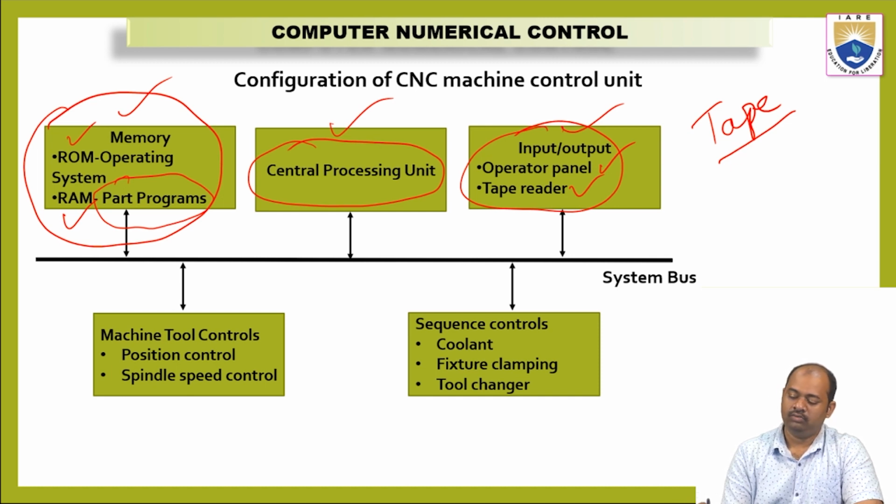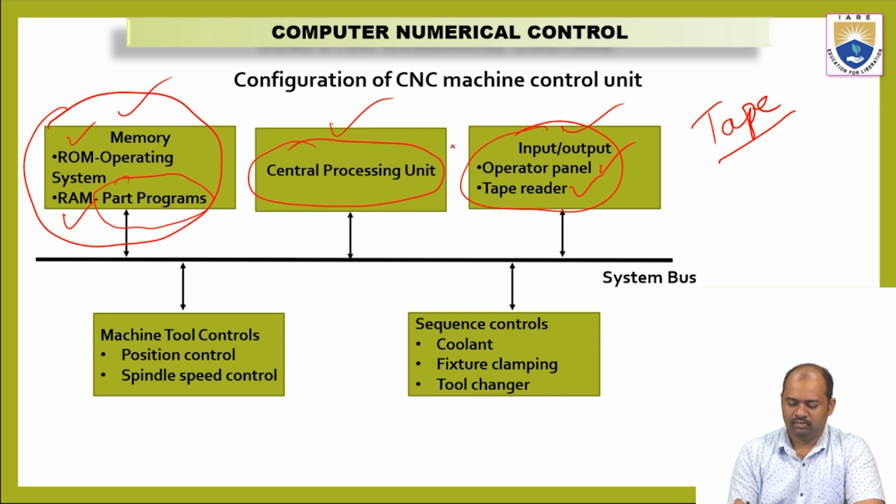Tape reader is also an important input device used in the CNC system. The design is given into the tape, and this tape has to be inserted into the CNC machine so that it will read the information from the tape, and this is given as the program. This program can be processed in the CPU, and this CPU will give the instructions to the machine.